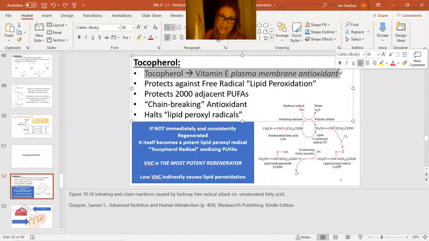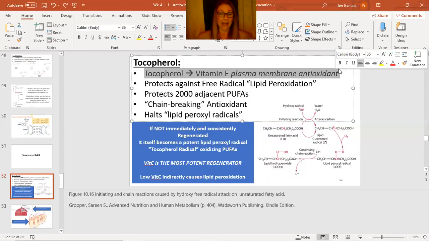If vitamin E is not regenerated by vitamin C, CoQ10, alpha lipoic acid, glutathione, NADPH, if all of those reducing agents don't recycle each other to make sure that they're bioavailable to regenerate tocopherol, vitamin E, then vitamin E itself causes lipid peroxidation. That's why vitamin C, being the most potent antioxidant to regenerate vitamin E, is super important to make sure that we have plenty in our system.